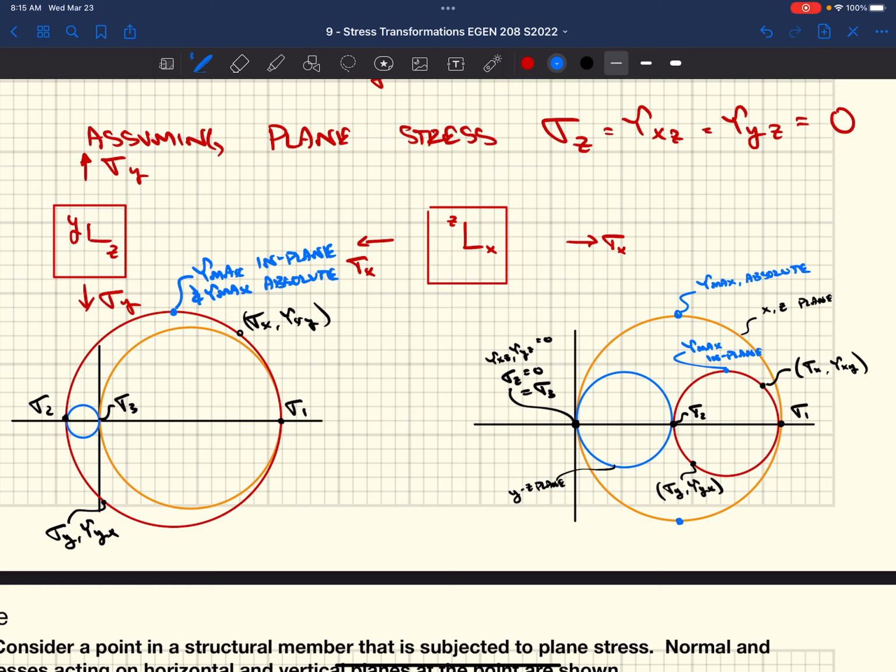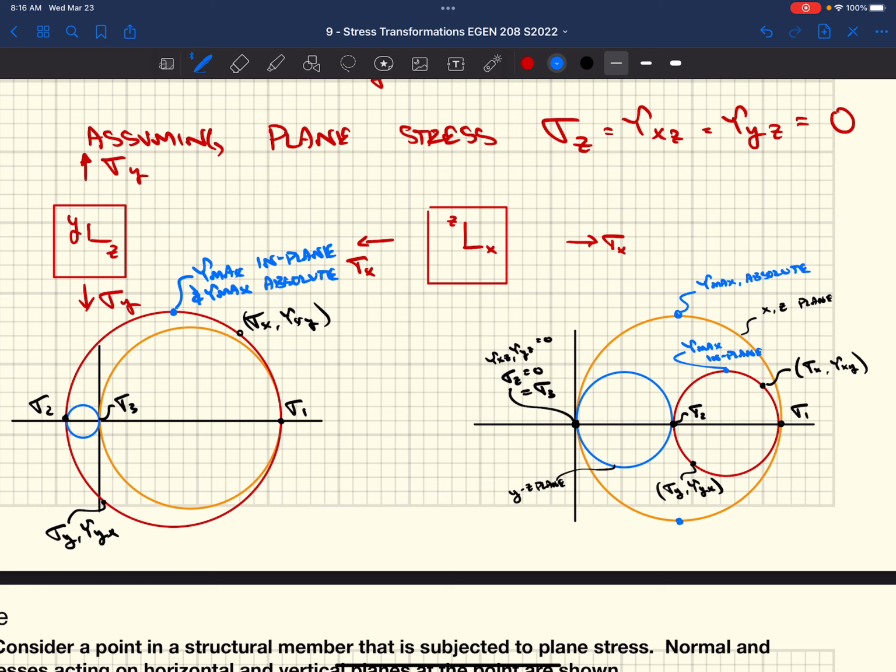If it lands such that the origin, the center of our diagram, is within our in-plane circle, then the remaining two circles are going to be inside it. Whereas if our circle is all the way on one side or all the way on the other side of the origin, then we're going to create this larger circle, and our in-plane maximum shear stress is not going to be equal to the absolute. Does that answer your question, Jim?